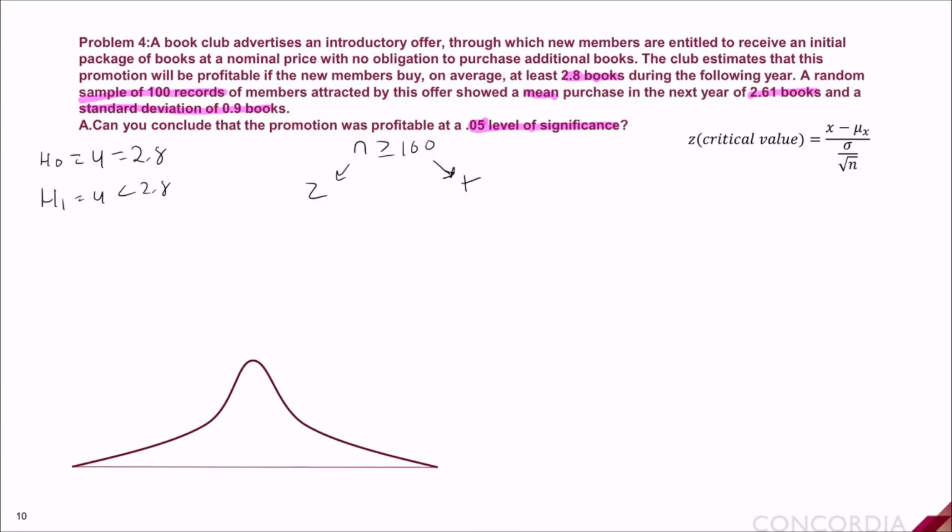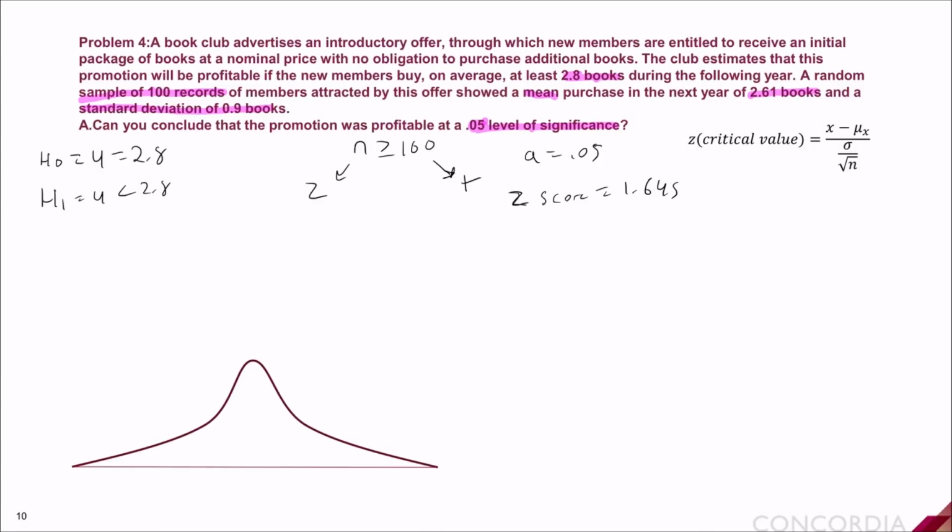Now, what we have to do is find our test point, or our cutoff point. So to do that, we have to find the alpha, which is given to us as 0.05. And since this is a one-sided test, we're testing it only if the mean is below 2.8, we do not have to divide by 2. We have to go find on the z-score table the z-score equivalent to an alpha of 0.05, which gives us a z-score of 1.645.